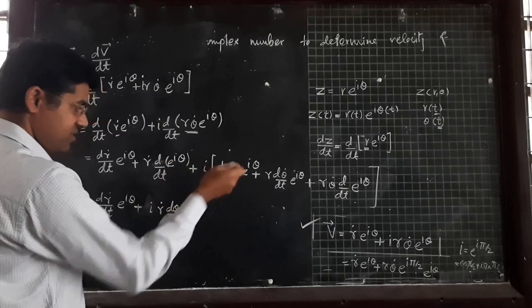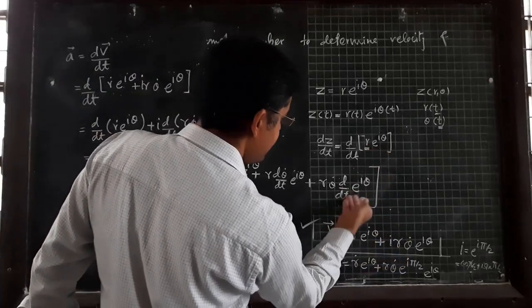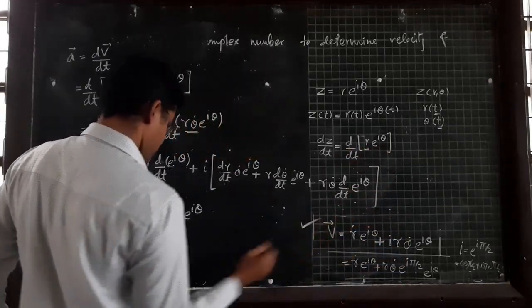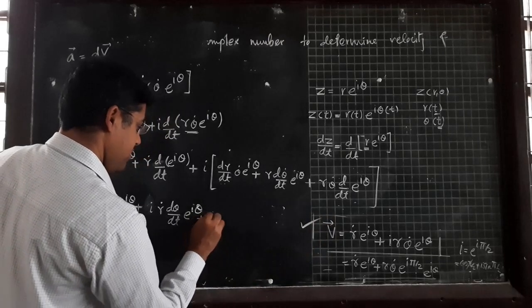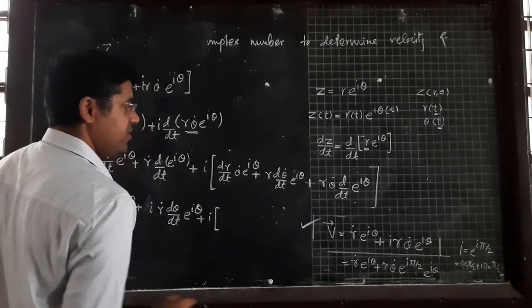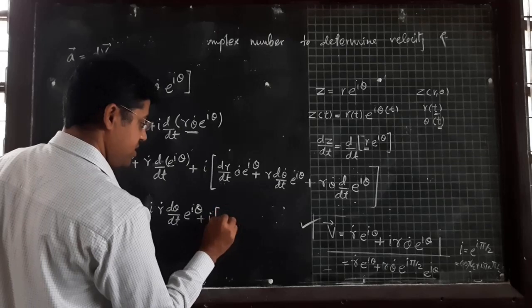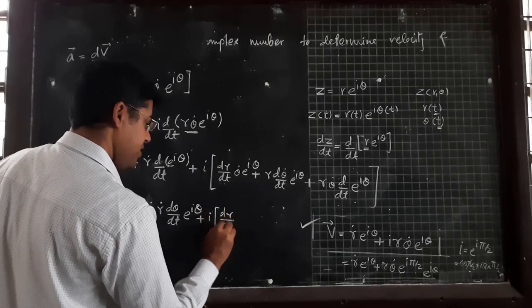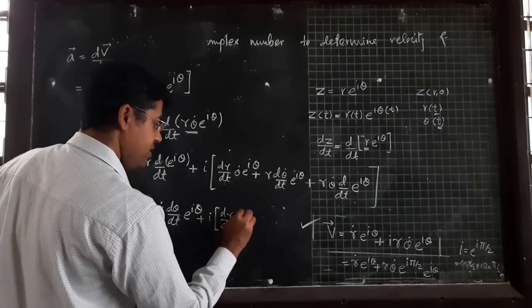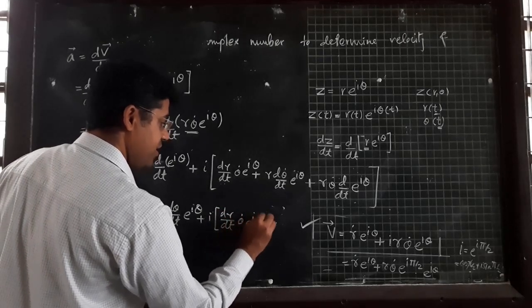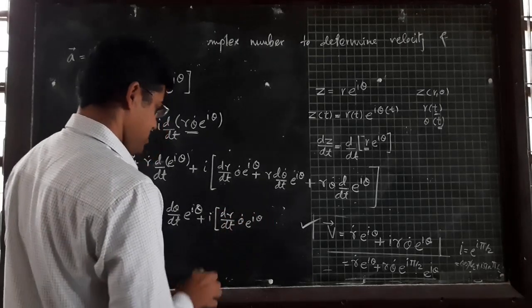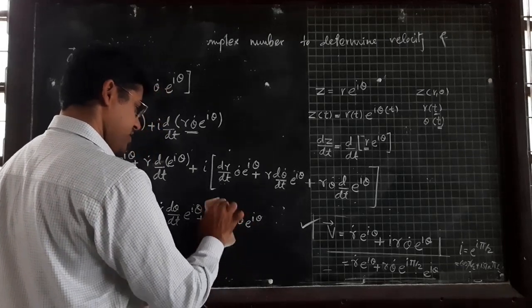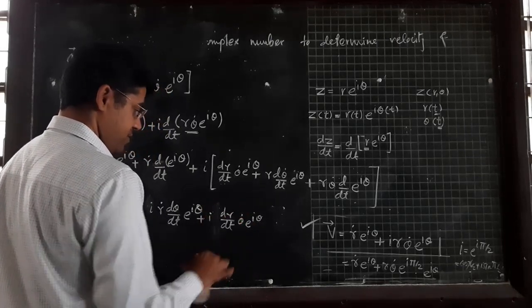Okay, so plus this i constant. So this is nothing but i times dr by dt d theta e raised to i theta.